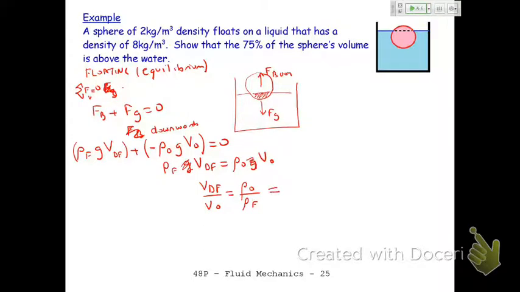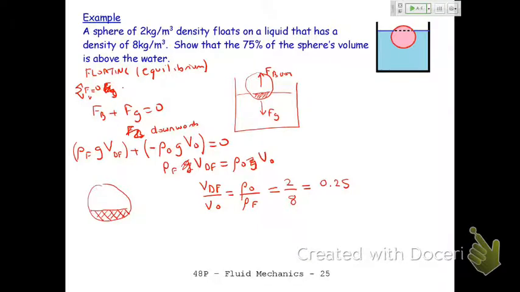Well, this equals the density of the object is 2 over the density of the fluid is 8, which is 0.25. Now let's think about it. That volume over the total volume is a quarter. That's telling me that a quarter of the object is below the water.